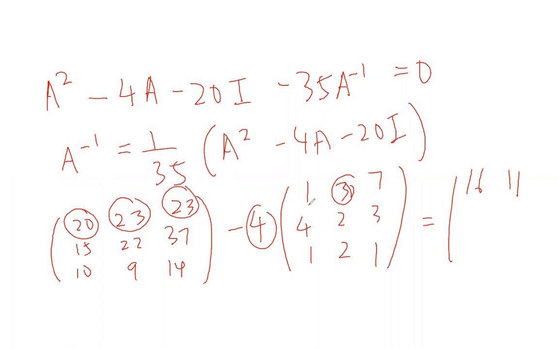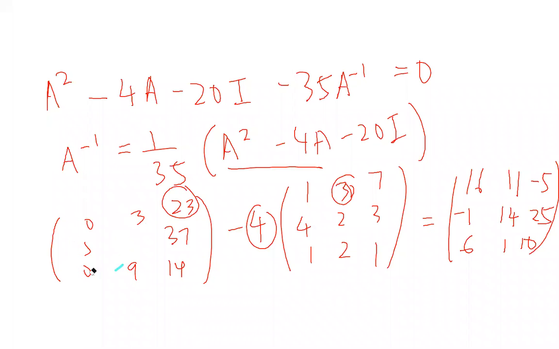So 23 minus 28 is -5, and so forth. And you might get 15 minus 6 is -1. 22 minus 8 is 14. 27 minus 12 is 25. 10 minus 4 is 6. 9 minus 8 is 1. 14 minus 4 is 10. So I got my A squared minus 4A. And then I need minus 20I.